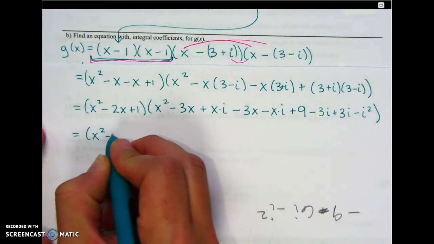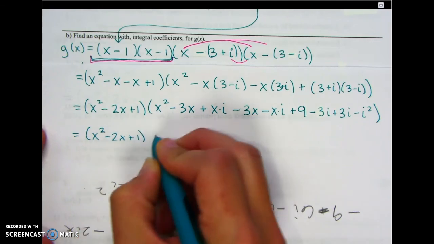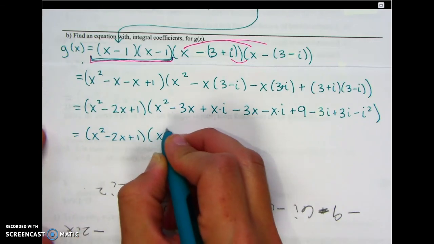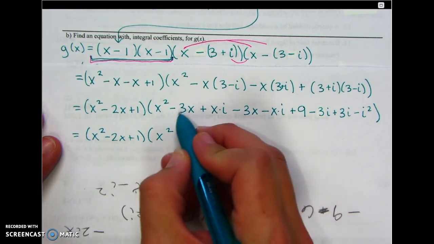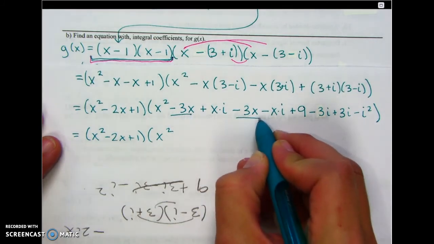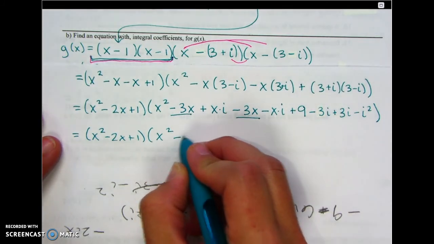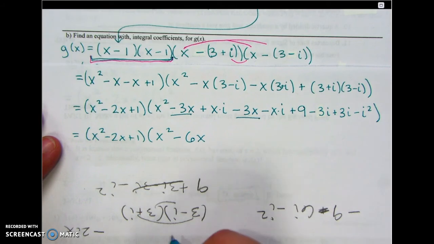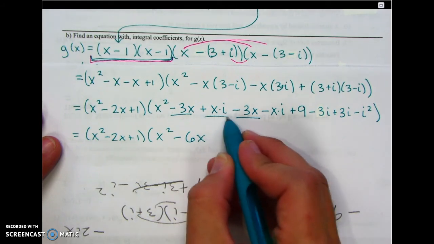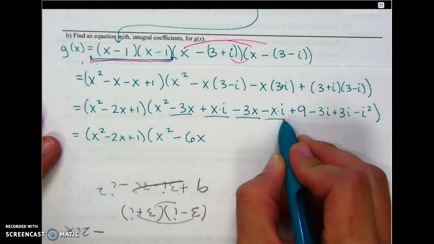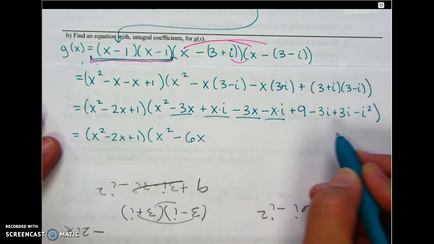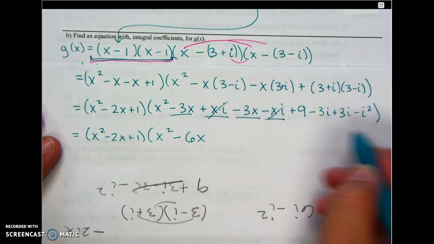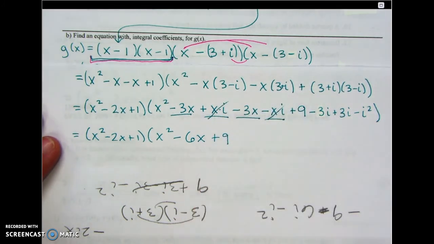Now we're going to simplify. x squared, that's the only x squared I see. Okay. Minus 3x and minus 3x is going to give us minus 6x. Then we have a plus xi and a minus xi. So those are going to cancel. You agree? Cancel. Plus 9.